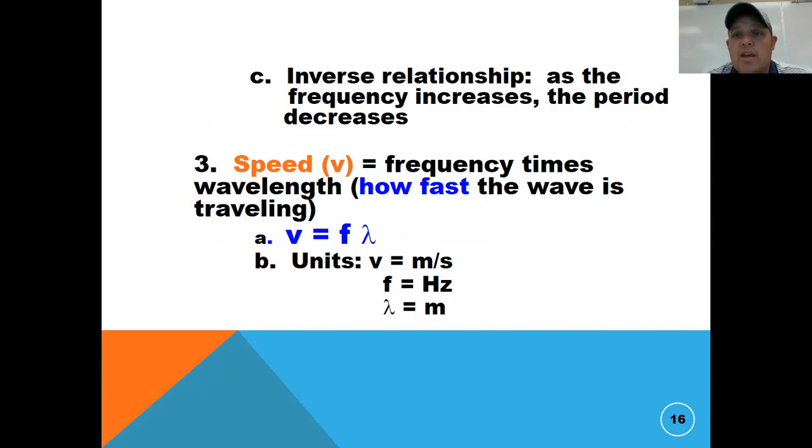As frequency increases, the period of the wave will drop. And then we have speed, which we know what speed is. It's meters per second, but we're really going to talk about waves. And so you can see that we have frequency, which we've talked about before, in hertz, and then lambda, upside down y, as I call it, and that's in meters. Again, when we do math problems, we have to remember our units.